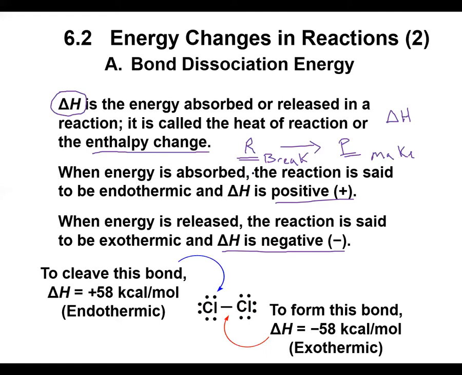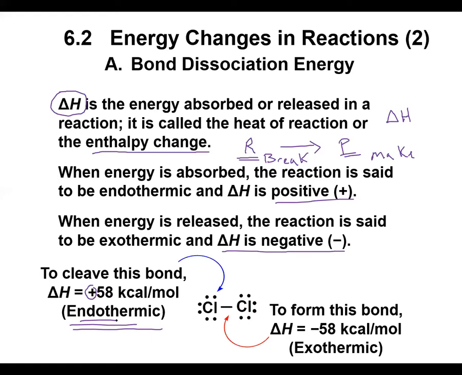And that's what we see down here. The process where we would break this bond is going to require positive 58 kilocalories per mole. And again, regardless of what the number is, as soon as we see that positive number, that's exactly how we know that this process is endothermic.